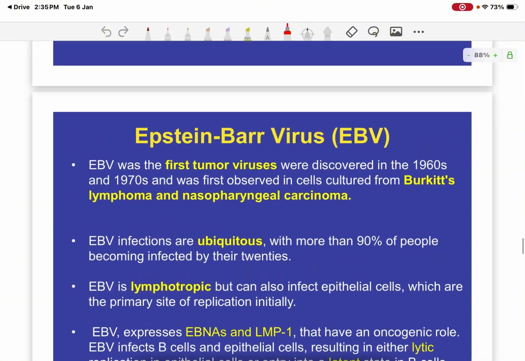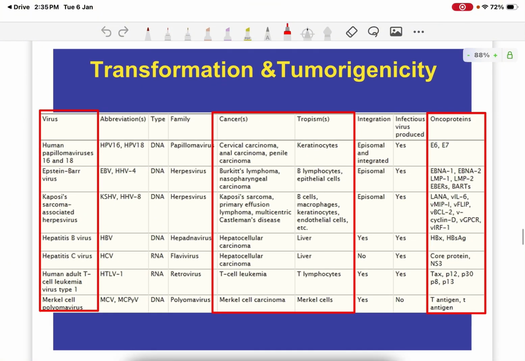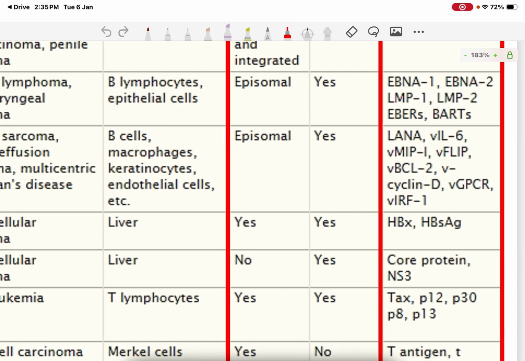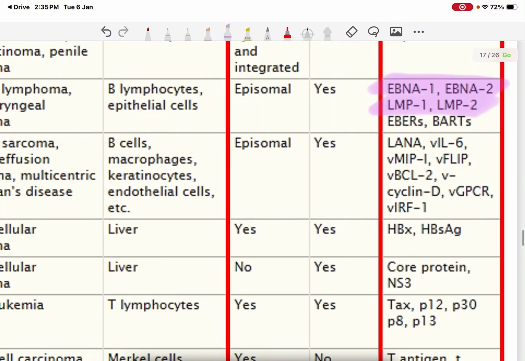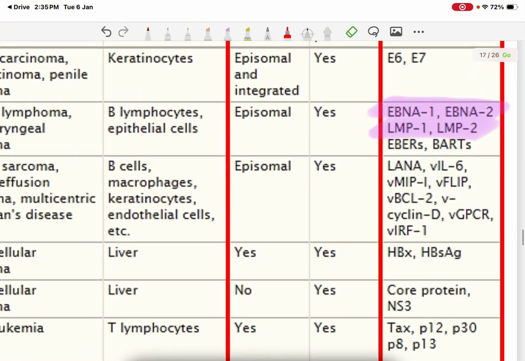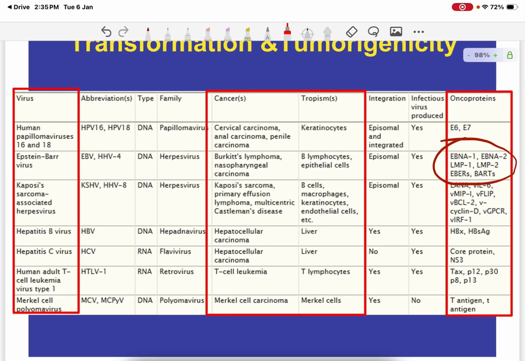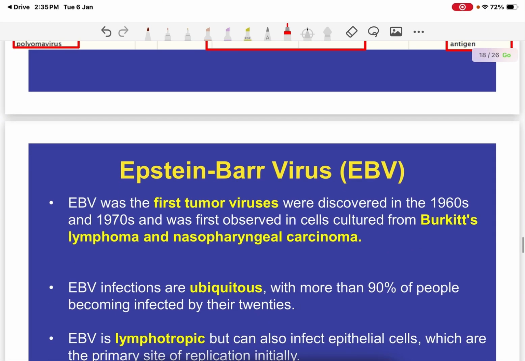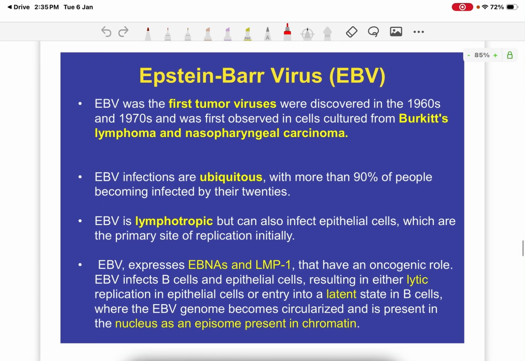The rest of the table you are not concerned with today. Okay? We are only concerned with these 4 oncoproteins. Clear? Today they are connected to the Epstein-Barr virus pertaining to the B lymphocytes and the epithelial cells of the nasopharynx, leading to Burkitt's lymphoma, the lymph nodes, and nasopharyngeal carcinoma as such. Okay?